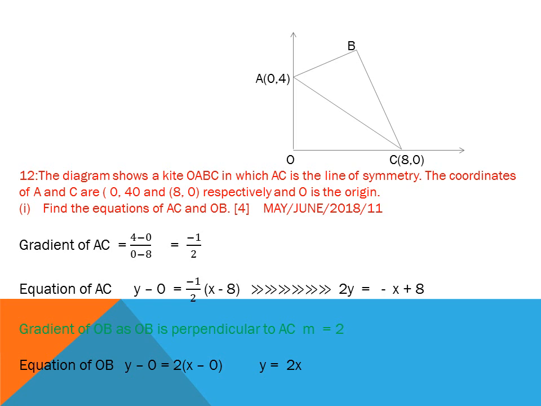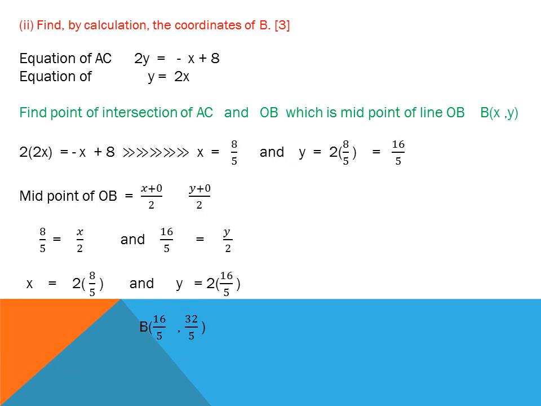Then the gradient of OB: because AC is a line of symmetry, OB cuts AC at 90 degrees. So the gradient of OB is the negative reciprocal of the gradient of AC, which is 2. I apply the straight line formula again, y minus y1 equals m into x minus x1, and find that the equation of OB is y equals 2x.